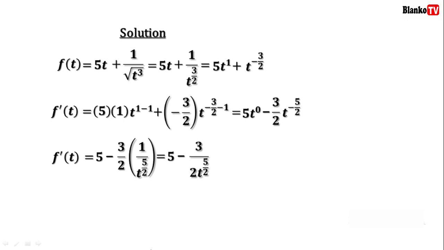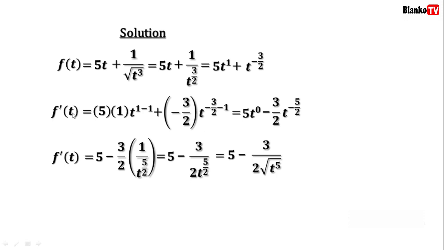I hope you understand. Okay, so our final answer is going to be 5 minus 3 over 2 multiplying the square root of t raised to the power 5. Okay, 2 times t raised to the power 5 over 2 is the same as what? 2 multiplying the square root of t raised to the power 5.